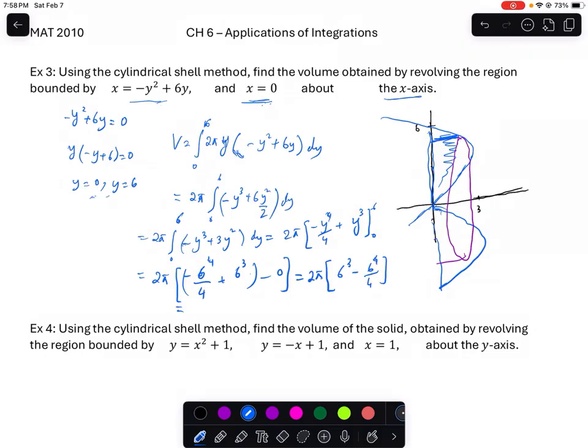This will be 2 pi times, we have first the 6 cube, which is 216, minus 1296 over 4, which gives me 2 pi, 216 minus 324. So 2 pi times 108, which is 216 pi.